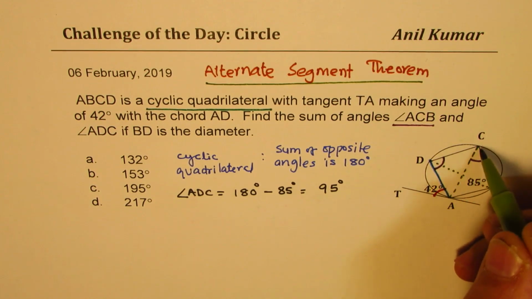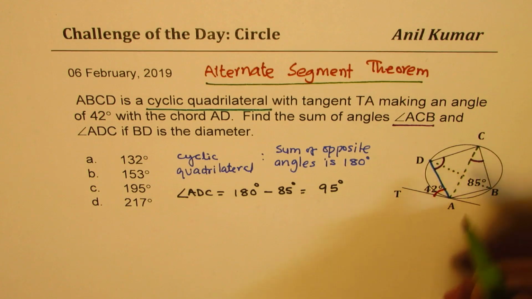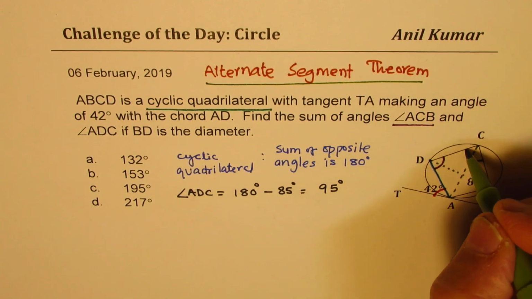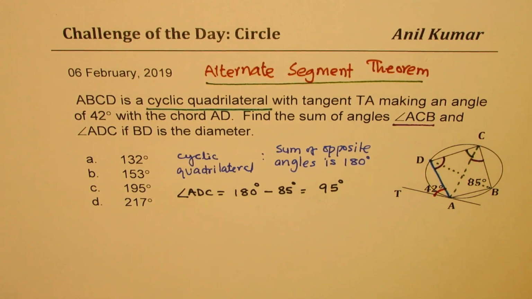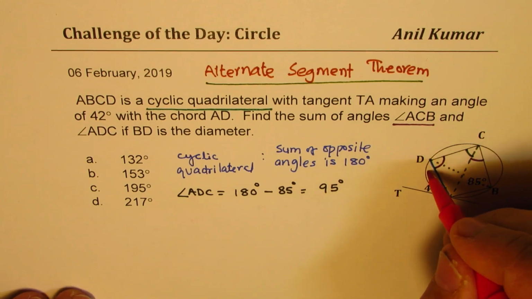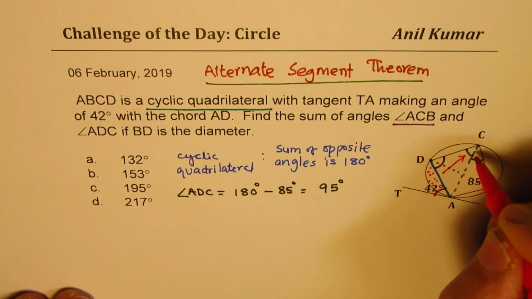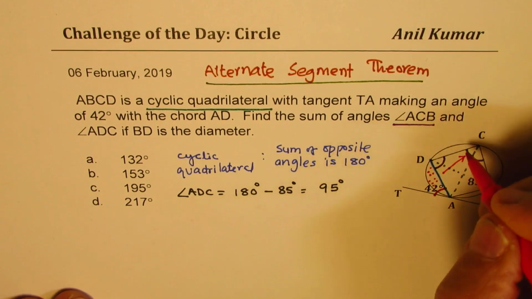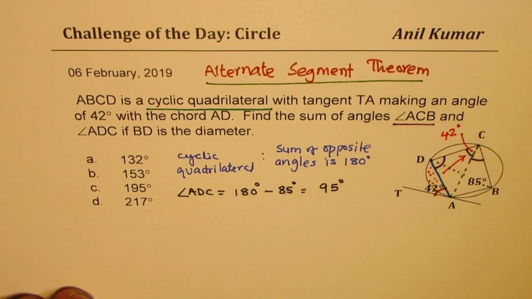Now the alternate segment is right there, and therefore the angle which should be 42 degrees is this angle. Right opposite to this segment is the angle which is the same as 42. So this angle here is 42 degrees.